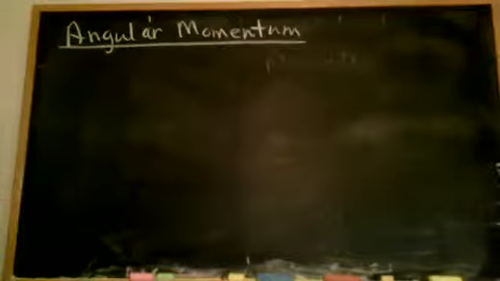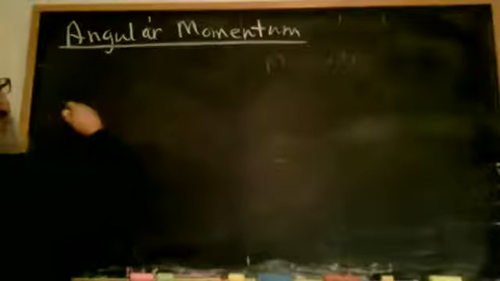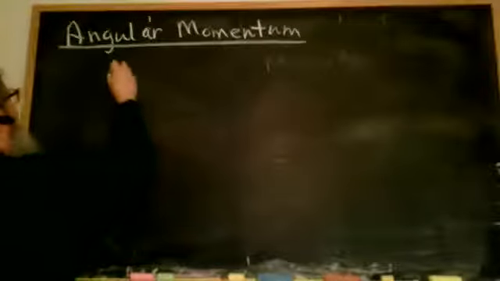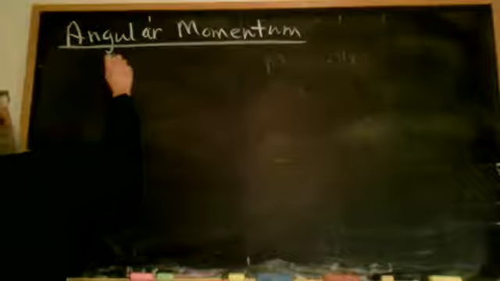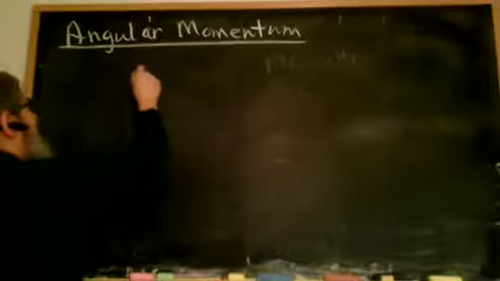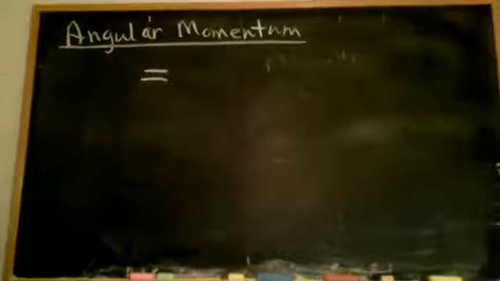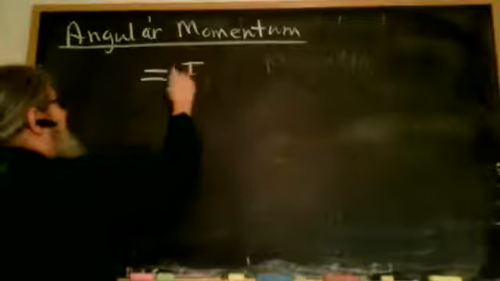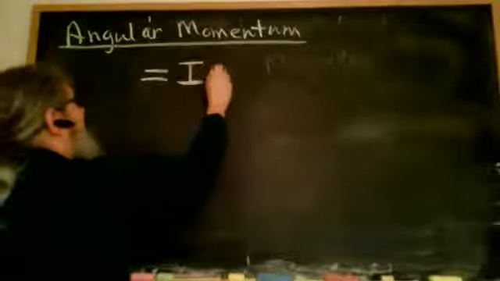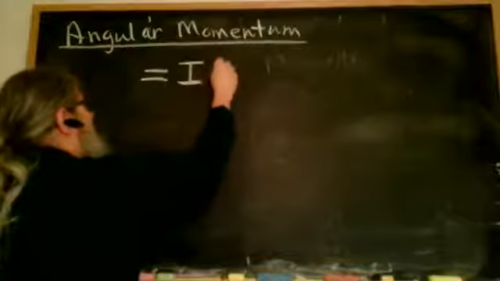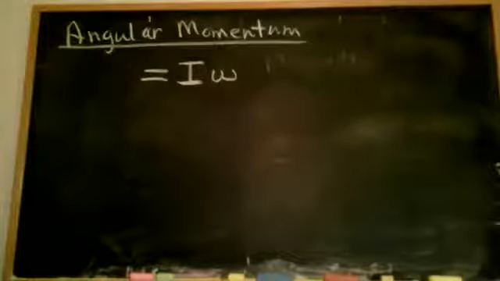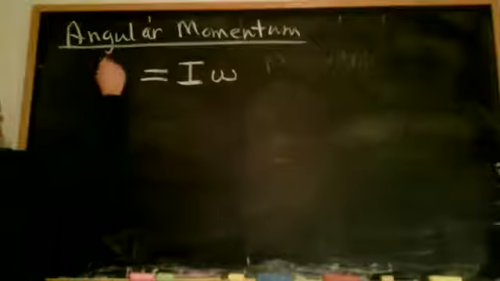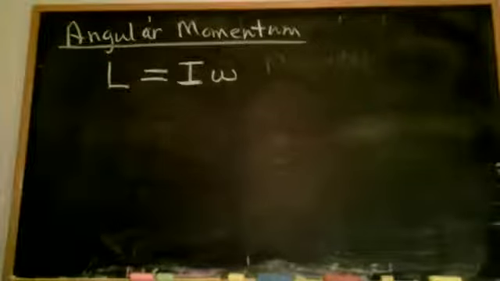And we defined it in the context of analogy. So by analogy, the linear momentum is the mass times the velocity. So by analogy, the angular momentum is the moment of inertia, or the rotational inertia, I, times the angular velocity, omega. And we somewhat annoyingly use the letter L to delineate it.